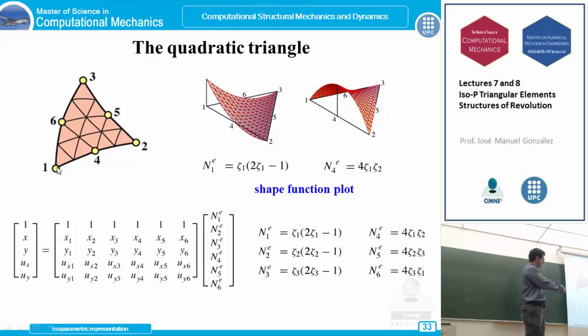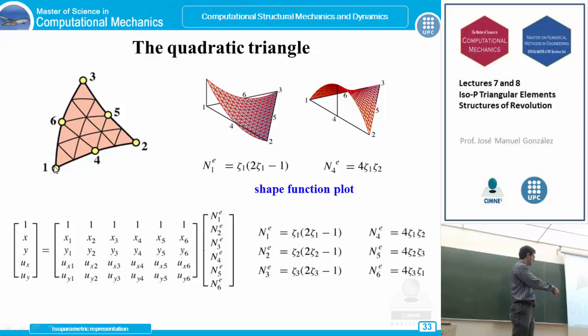Remember that our triangular coordinate ξ1 is 1 in this node and 0 in the opposite side, and the same thing with node 2, whose triangular coordinate is 1 in this node 2 and 0 in the opposite side. So if we want to calculate this shape function, we must vanish this function in these 3 nodes, and we get it using these triangular coordinates.